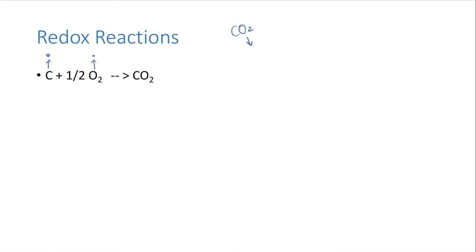Oxygen here is equal to -2, and I want to solve for x: x minus 2 times 2 is equal to 0, so x is equal to 4. So here the carbon is 4, the oxygen is -2. So the carbon was 0, it becomes 4. Here the oxygen was 0 as well, and it becomes -2.